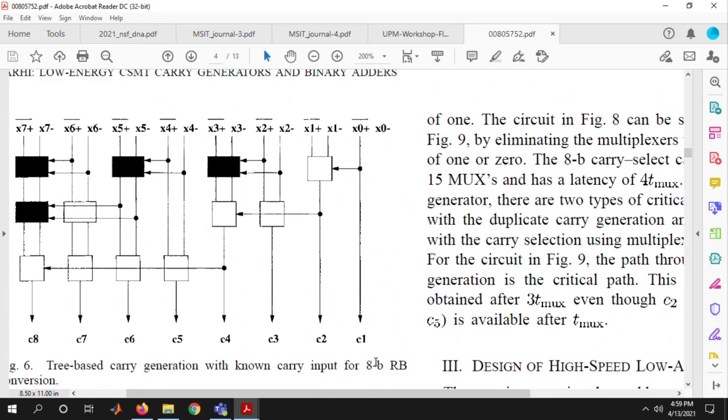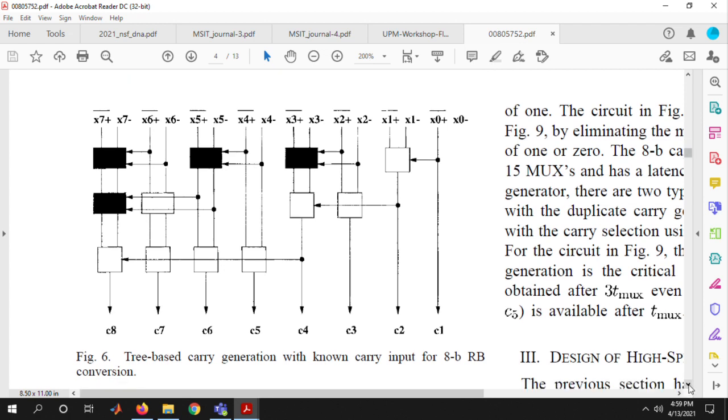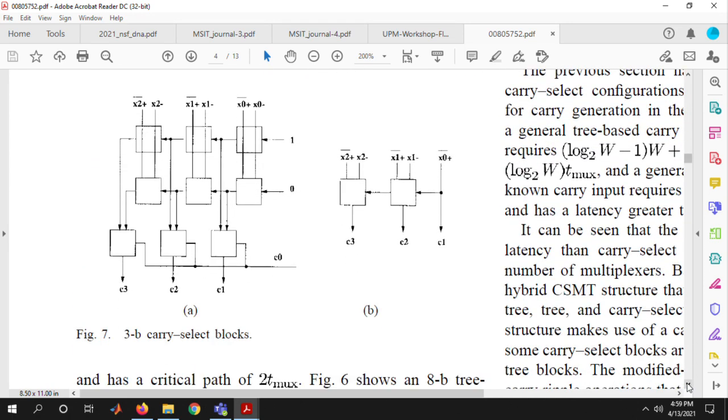This is a similar diagram for the tree where C0 is assumed to be 0. This is similar to the circuit that I showed you just now from the textbook appendix C, but in the context of redundant numbers. This is a carry select block with 3-bit width.